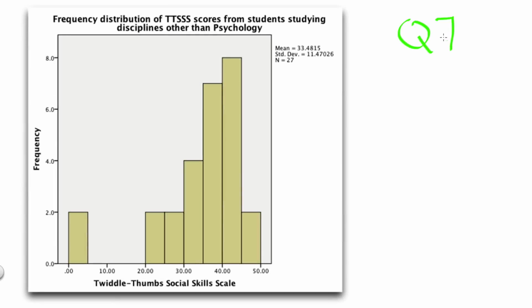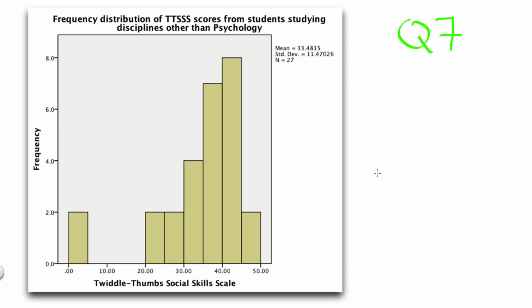Turning now to question 7, where you're asked the same question to describe the shape of the distribution, but this time for the other distribution you made, the one you pasted for question 6, the distribution that's created from the data from students studying disciplines other than psychology. Again, this time, the distribution is not symmetrical.